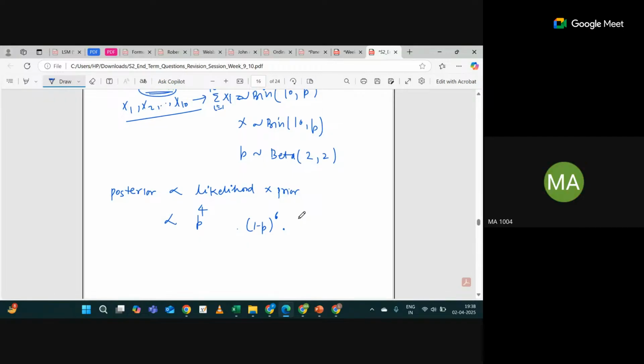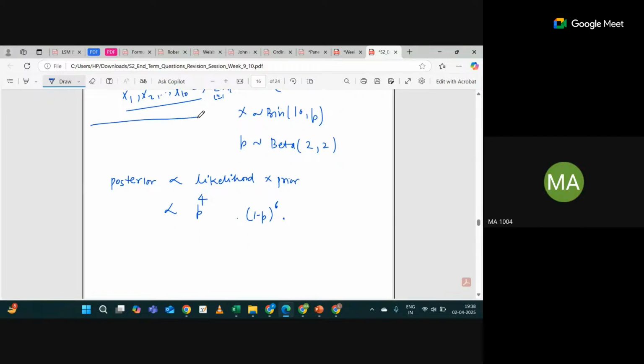And what is the PDF of the beta distribution? If X follows beta distribution with parameters alpha comma beta, or you can say M comma N, then f(x) is proportional to X raised power alpha minus 1 and 1 minus X raised power beta minus 1. Here P is my random variable, so it will be P raised power 2 minus 1 into 1 minus P raised power 2 minus 1.